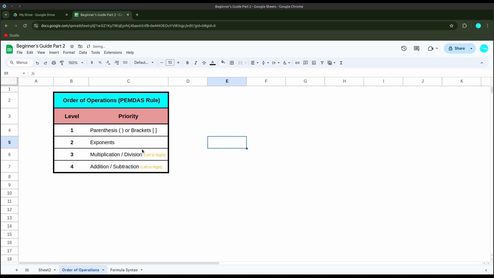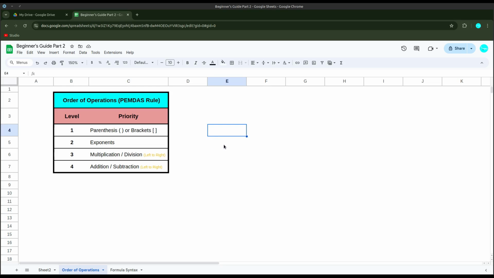After the parentheses are solved, next come exponents. Then the next level is multiplication or division, and the final level is addition and subtraction.